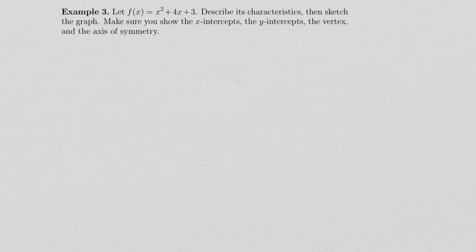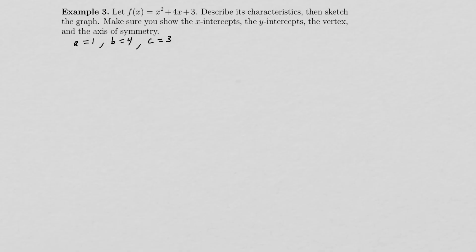So first of all, I know that a is 1, b is 4, and c is 3, because it's in general form. So in order to graph it, let's find the vertex, the x-intercepts possibly, the y-intercept, and then the axis of symmetry.